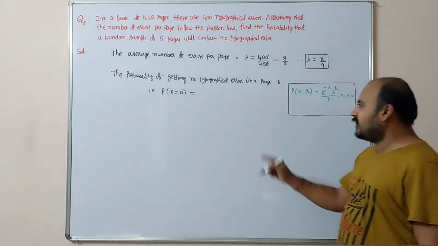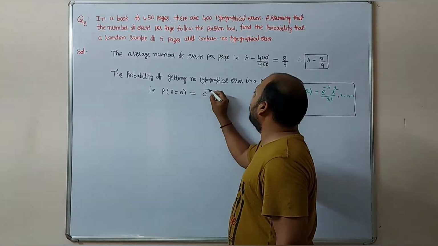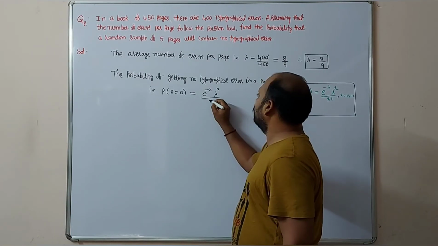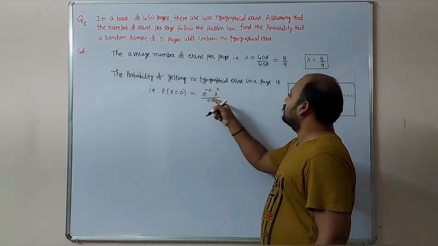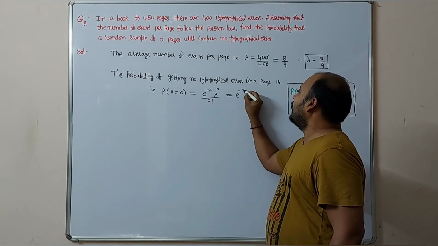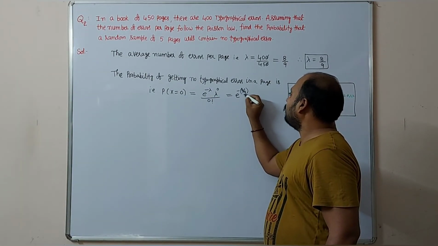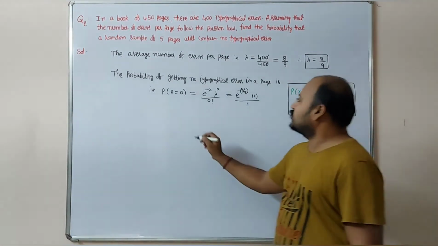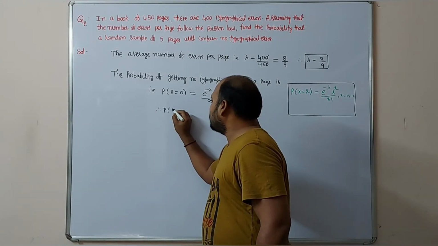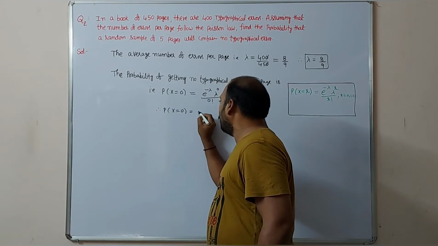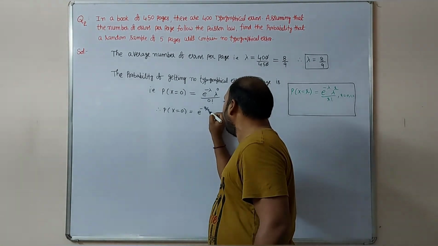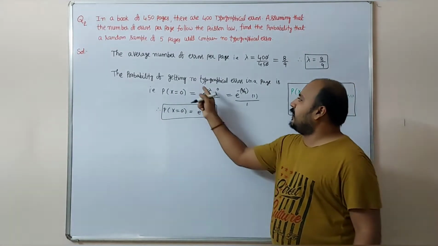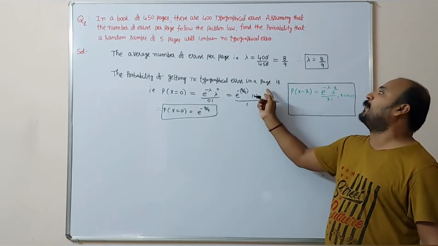The lambda value also we substitute here. e power minus 8 by 9, lambda power 0 is 1, by 0 factorial is also 1. So therefore, P of x is equal to 0 is equal to e power minus 8 by 9. This is the probability of getting no typographical errors per page.